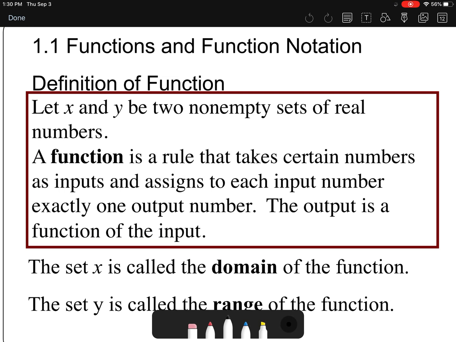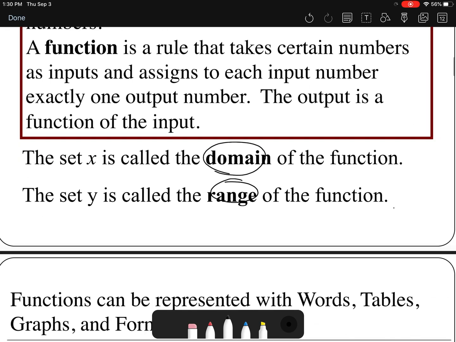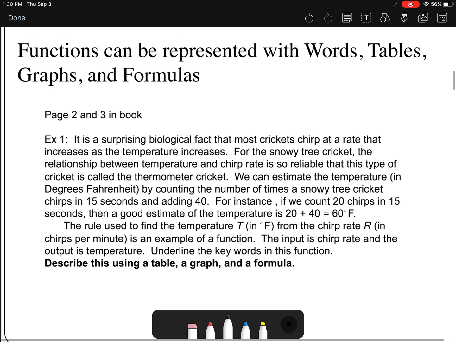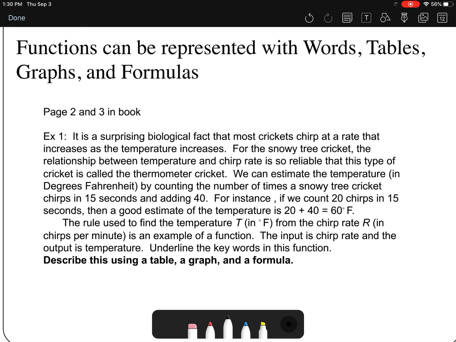And what we came out with was the range, the output, okay? And the function itself was the quadratic equation, okay? Now, functions we can look at as words, as tables, as graphs, formulas, just all kinds of different things.